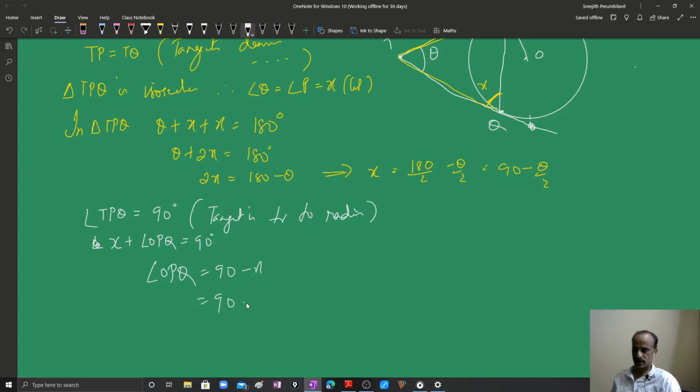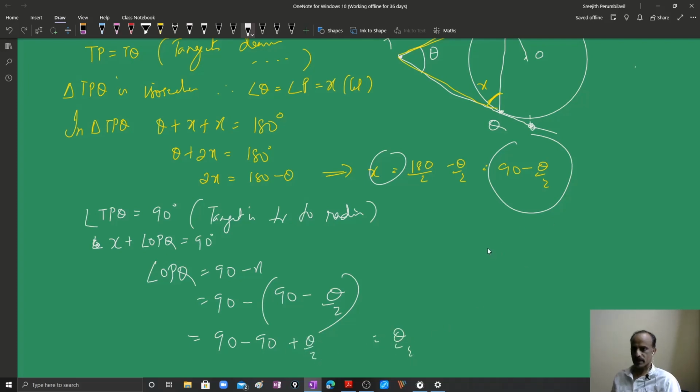What is x actually? Substituting that over there, 90 minus theta by 2. When you open the bracket, 90 minus 90 plus theta by 2, that is equal to theta by 2. So we get that angle OPQ is equal to theta by 2.